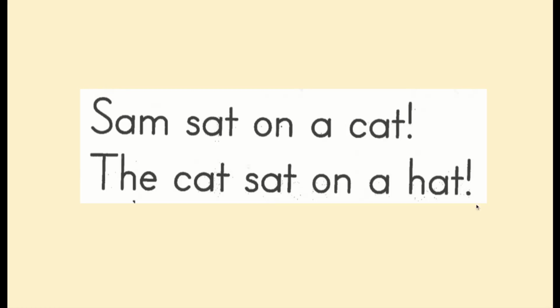Oh, this is an excited sentence, so I need to read it like I'm excited. The cat sat on a hat! Now let's read both sentences using our excited voice. Ready? Sam sat on a cat! The cat sat on a hat! Now you try one more time by yourself.